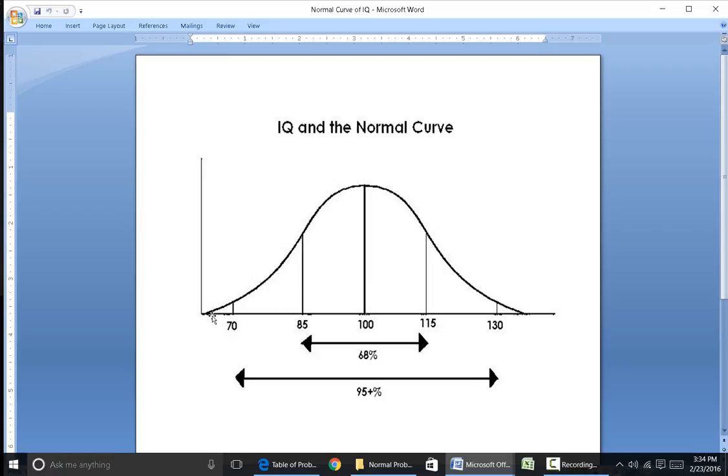Now, the average is considered within one standard deviation of the mean. So people that scored between 85 and 115 would be considered average. If the average score on the IQ test is 100, and you score between 85 and say 115, that's considered average. That's the average population. So again, that's 68%.